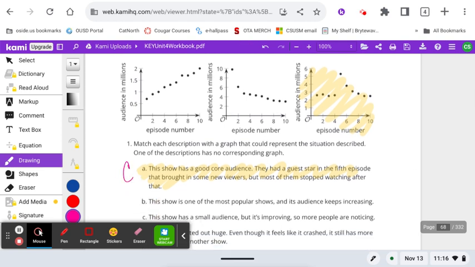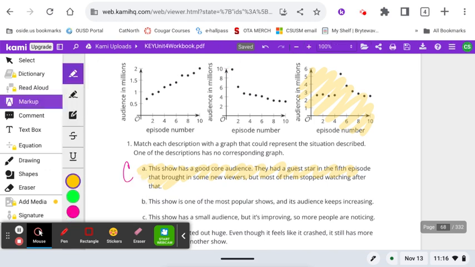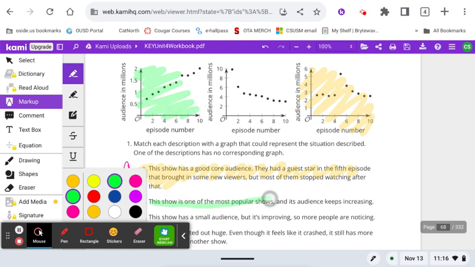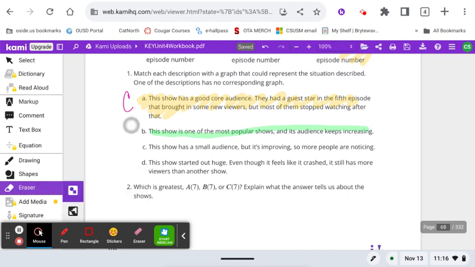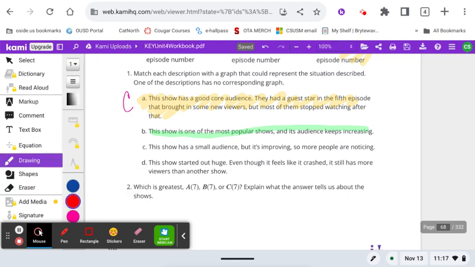This show is one of the most popular shows and its audience keeps increasing. And so this one right here with an increase, and we'd call that show A. This show has a small audience.